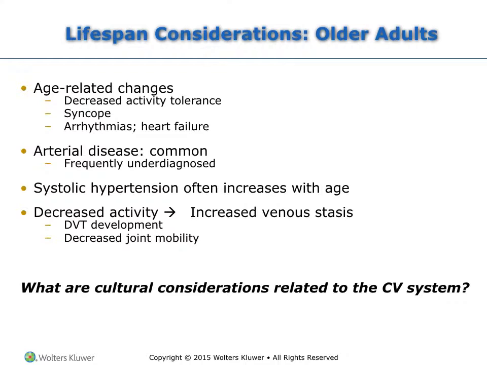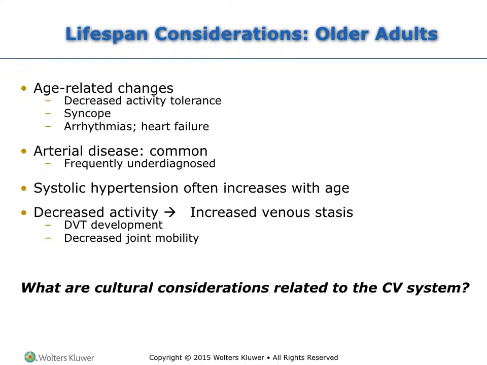Arterial disease is common and frequently underdiagnosed. Systolic hypertension increases with age, and decreased activity that comes with age leads to venous stasis, which can lead to clot development and decreased joint mobility.